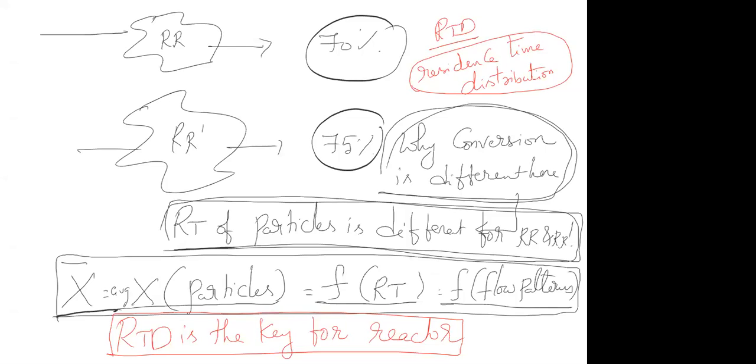If two reactors have the same RTDs, their conversions will be automatically equal. Okay. So have we understood the concept of RTD?